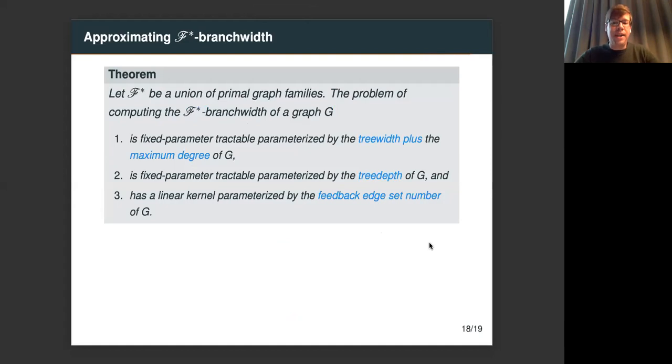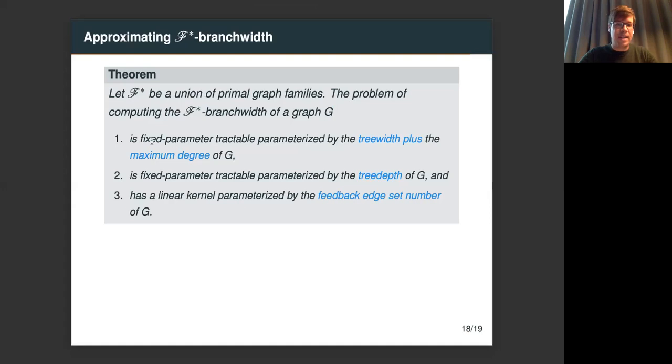Now what we did is show several cases in which we can approximate all the F branch width parameters, by showing that for any union F star of primal graph families, the problem of computing F star branch width has a number of algorithms that are efficient when your graph has other structural restrictions.